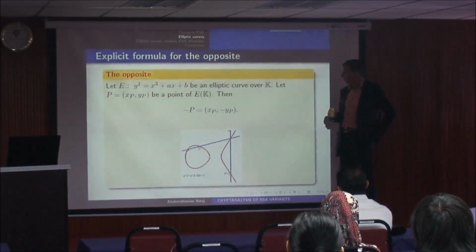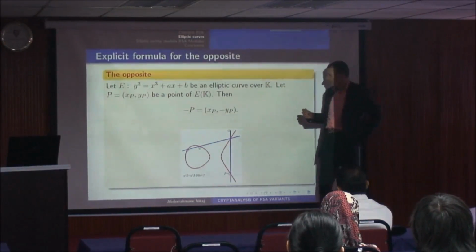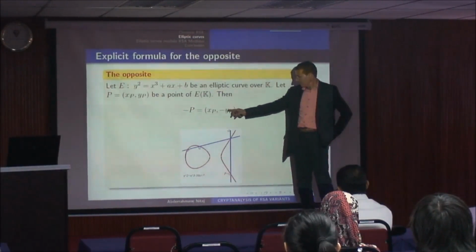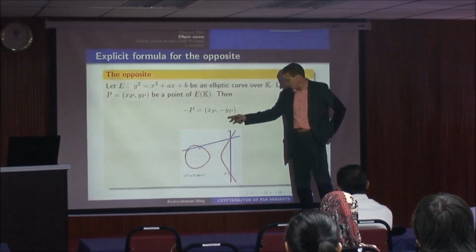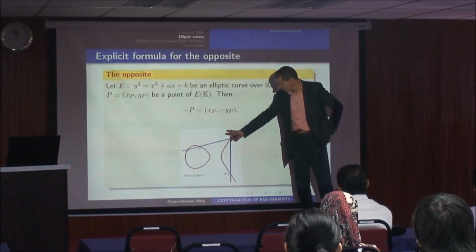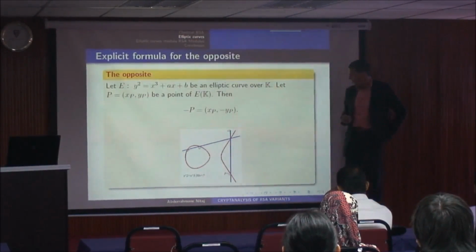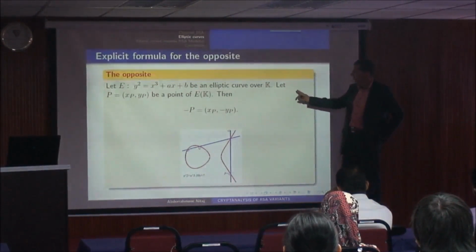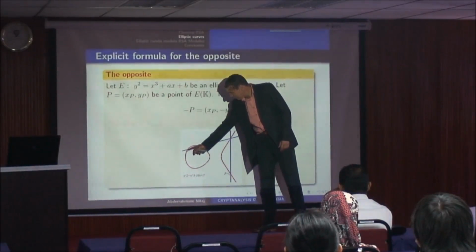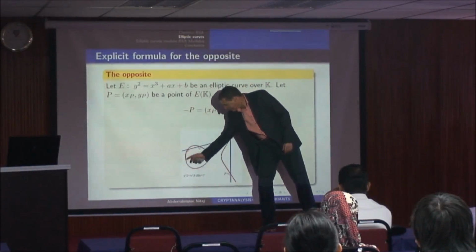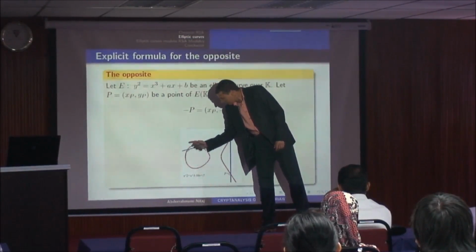Then we can find that minus P is simply the point (xP, minus yP). So the opposite is this: you are given a point here, and the opposite will be at the intersection of the vertical line.